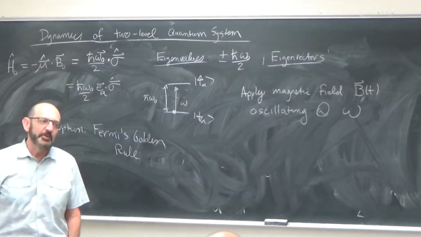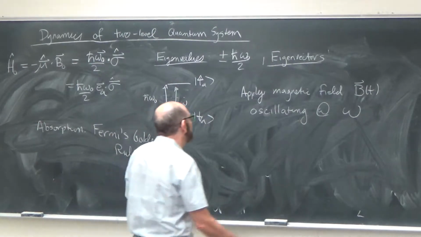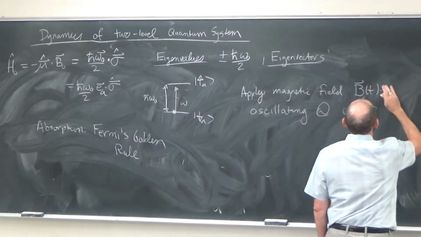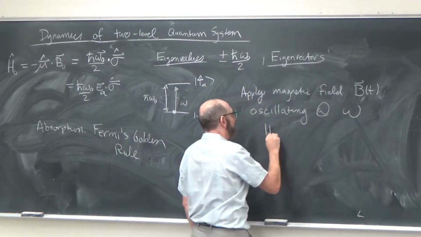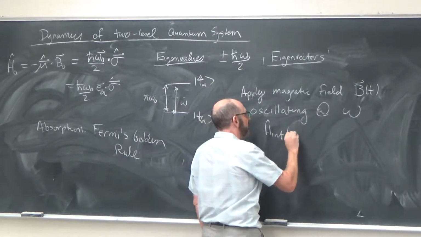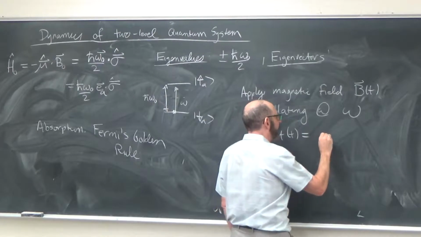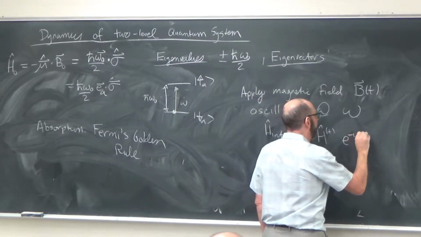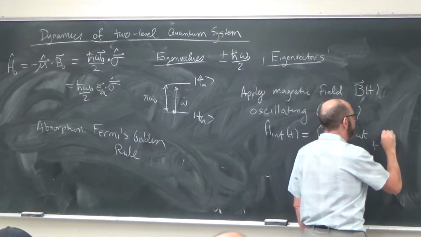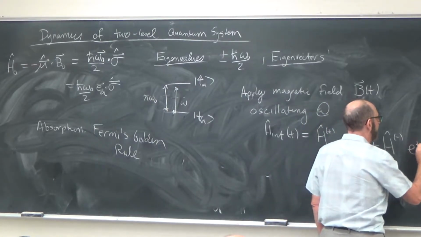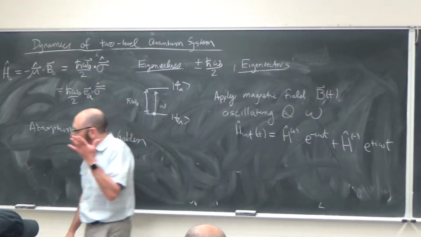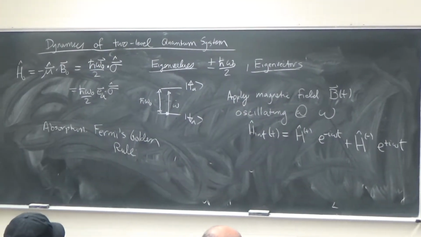Right? And so you may remember. In this case, my interaction Hamiltonian would be time dependent. I'd have some component that was oscillating like e to the minus i omega t, and some component that was oscillating like e to the plus i omega t. And the coefficients we would call the positive and negative frequency components.